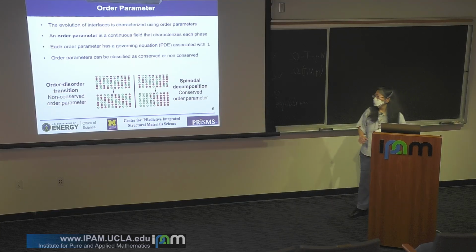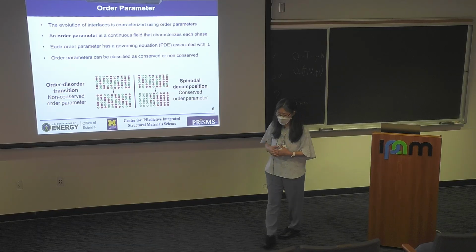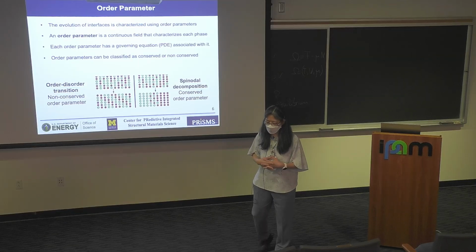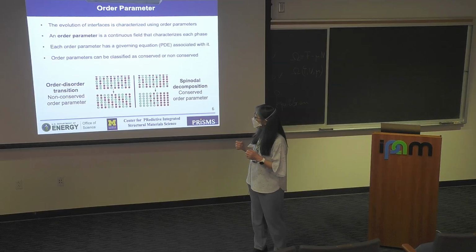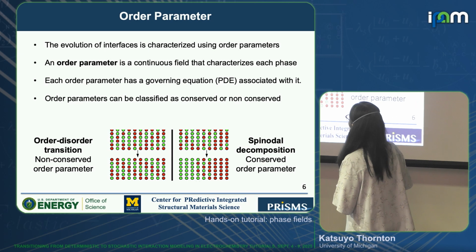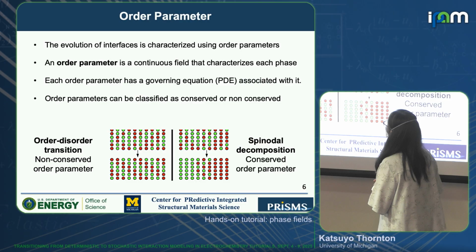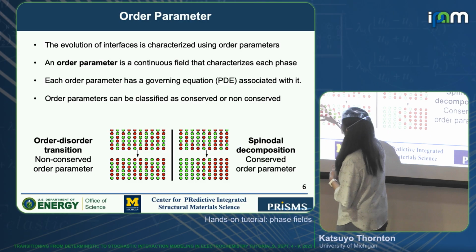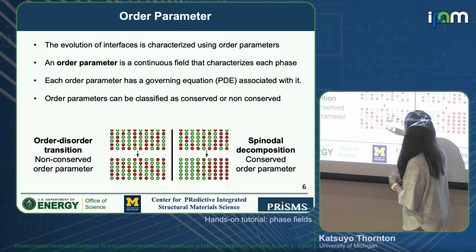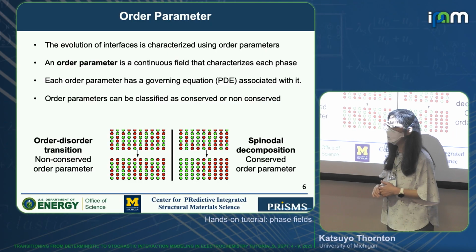An order parameter is a term used in describing any quantities that are being kept track of in a phase field model. What they are depends on what you're studying. If you have an order-disorder transition, here's a green A atom and a red B atom.